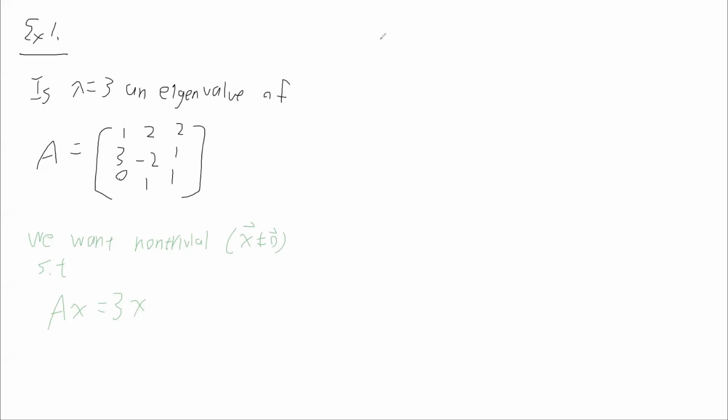To do that, first we look at Ax equals 3x, and I'm going to move that over. Ax minus 3x is equal to 0, and then (A minus 3I) times x is equal to 0.